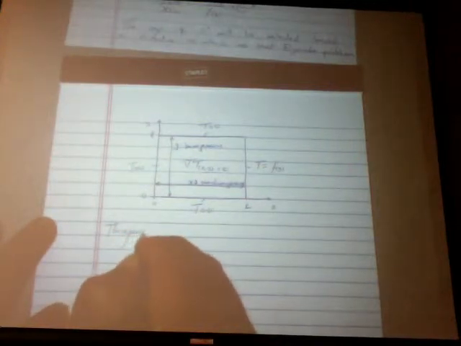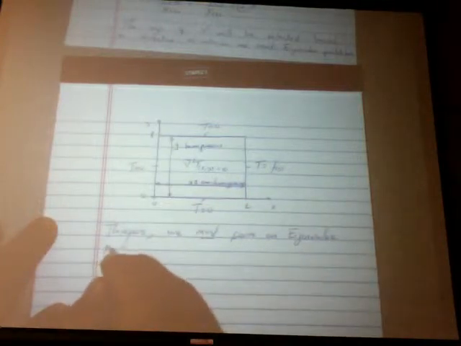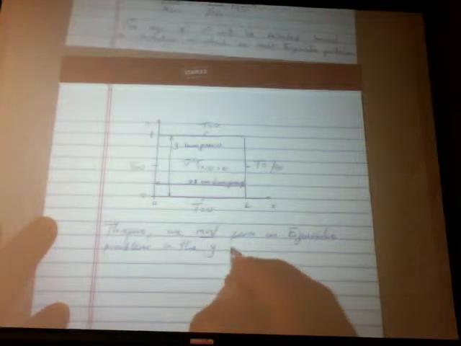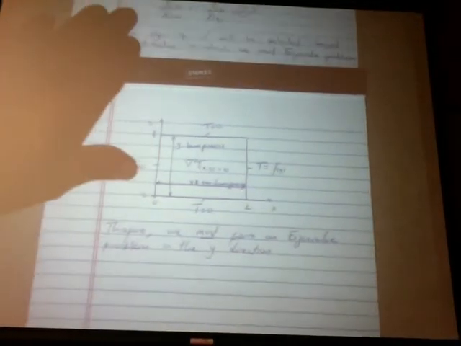Therefore, we must form or construct an eigenvalue problem in the y direction. So we must select that sign up here so that the resulting problem in the y direction is an eigenvalue problem.